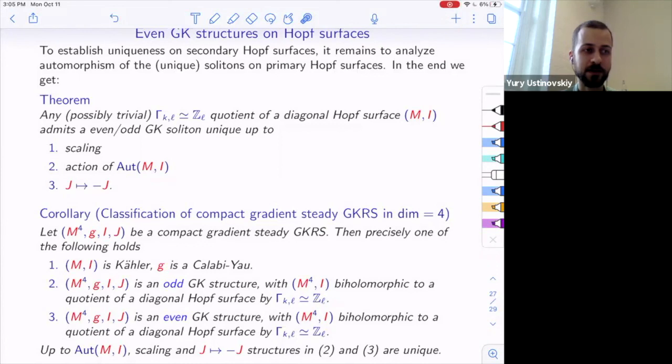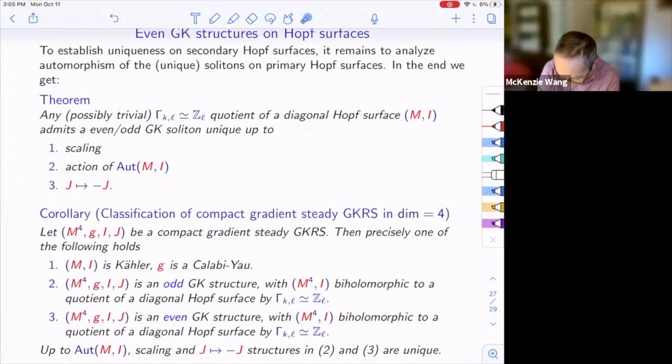There are many examples, and they definitely play a similar role in applications of this story. But the whole story is richer and more complex than just one cigar soliton. Hope it makes sense. Yeah, thank you.